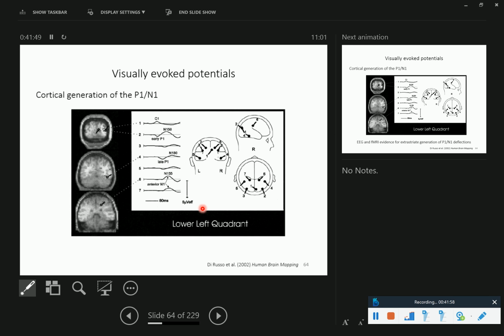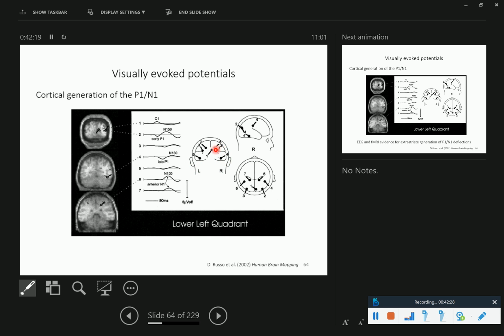And there are 7 dipoles in this case, and one of them is located in the location of the primary visual cortex, so here in the middle. And then we have a P1 for 2, and early P1, late P1 for 4. And this is also then, I guess, hemifield.